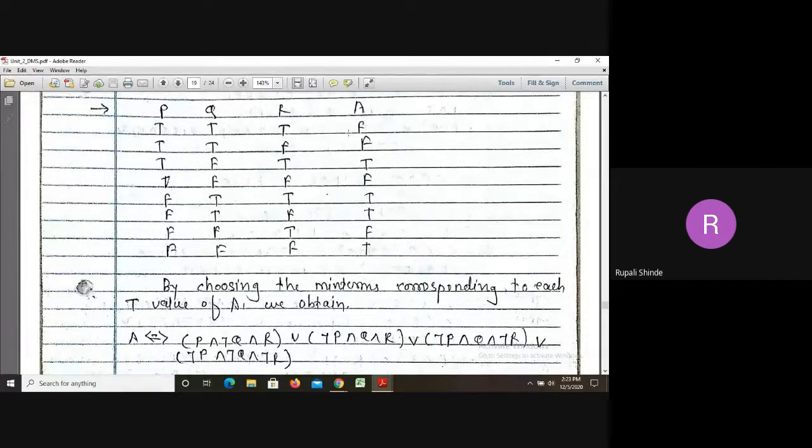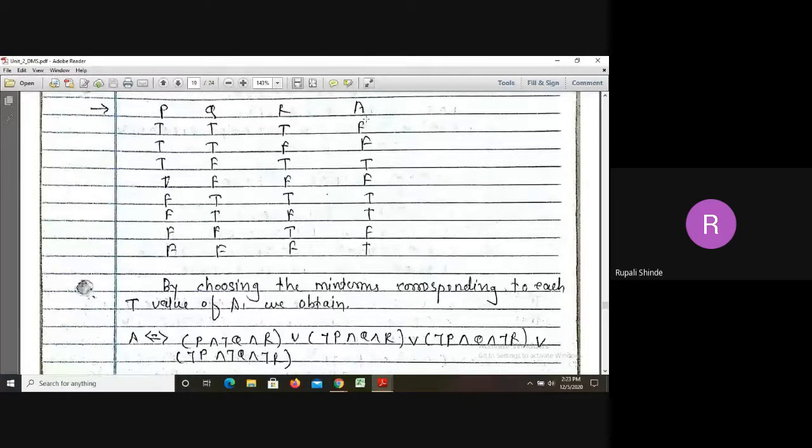So for this first F, the values of P, Q, R are T, T, T. So again we have to consider exactly the opposite of what we did for PDNF. If the value of that variable P is T, then we have to take its negation. If the value of that variable is F, then we have to consider that variable in its original form.